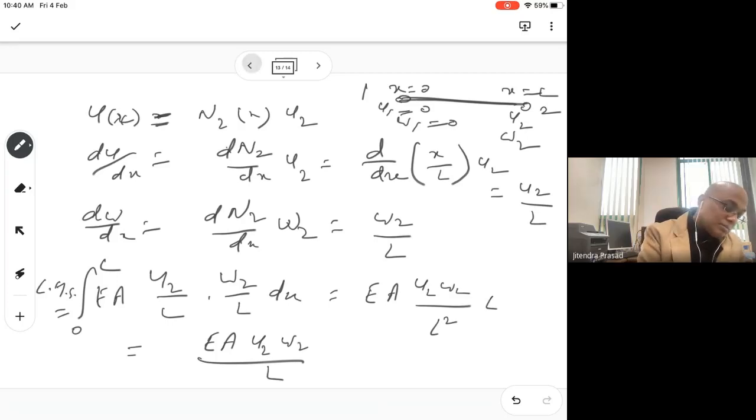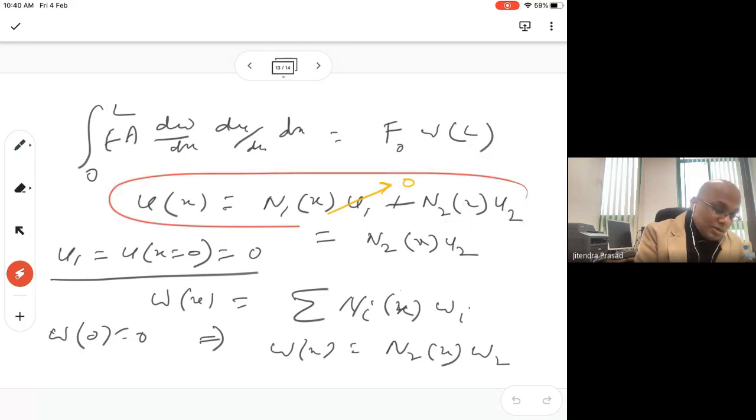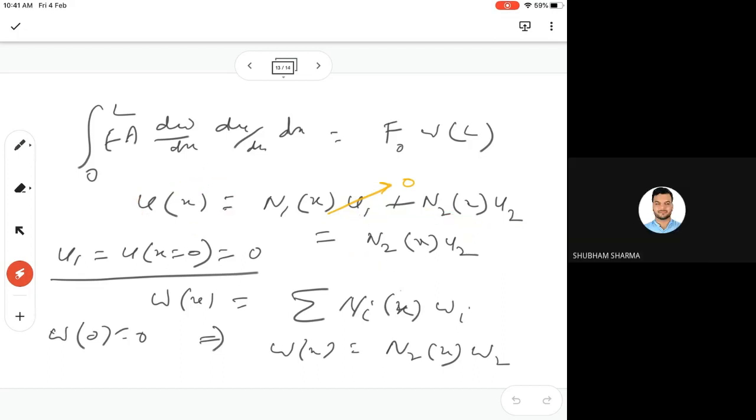See, this is u(x) equal to N1(x) u1 plus N2(x) u2, and you know u1 equal to 0, right? It means u at node 1 is 0 because you have fixed it already. So u(x) becomes N2(x) times u2. Sir, that's what I'm saying, these values are for node 1 only.